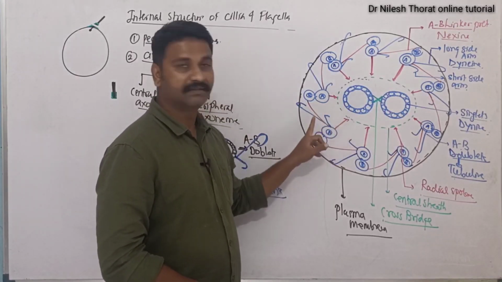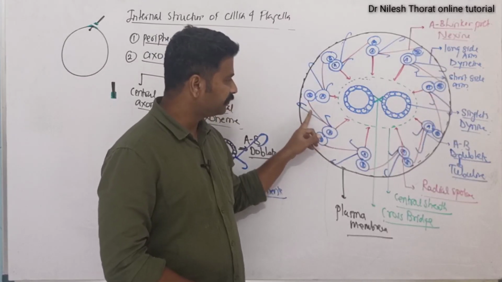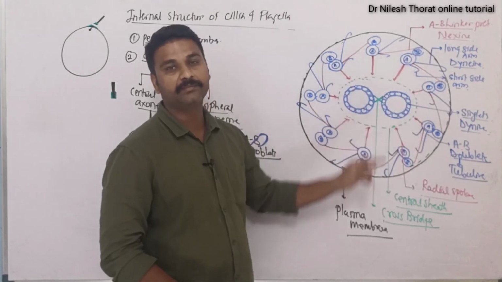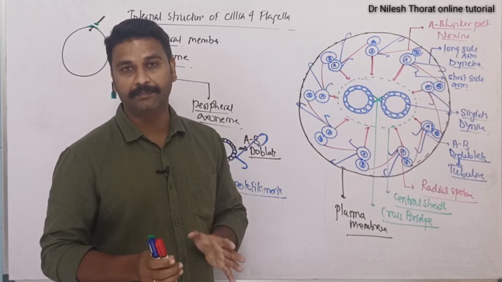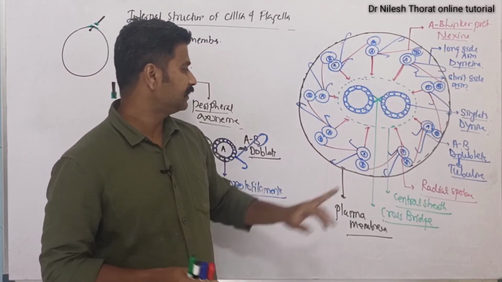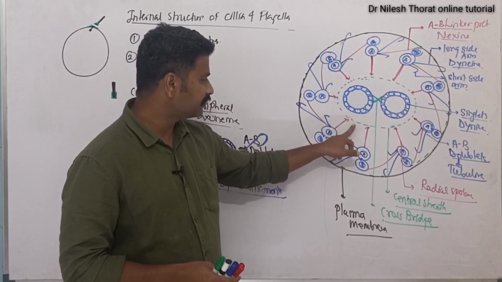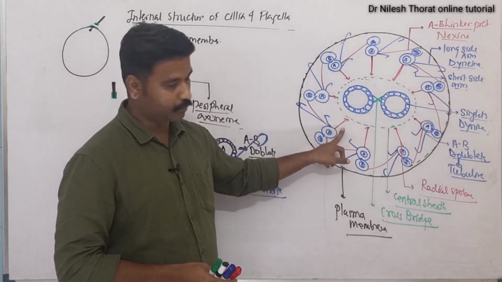Now outside the central sheath and inside the plasma membrane there is a peripheral axoneme which consists of 9 evenly placed AB doublets. These AB doublets are connected to the central sheath with the help of radial spokes.